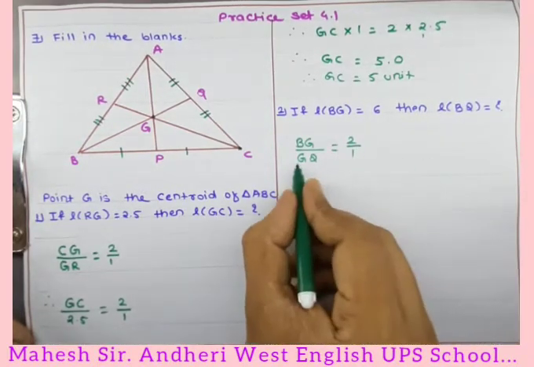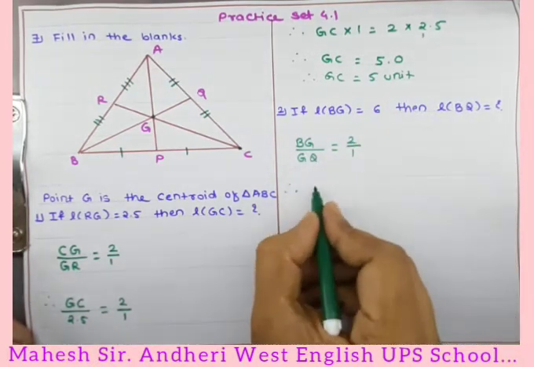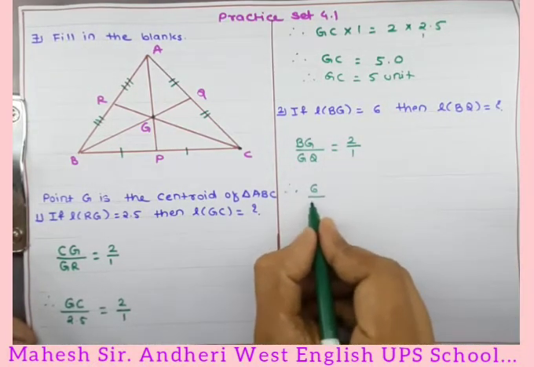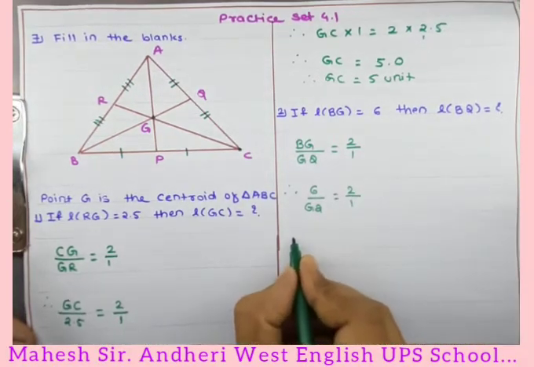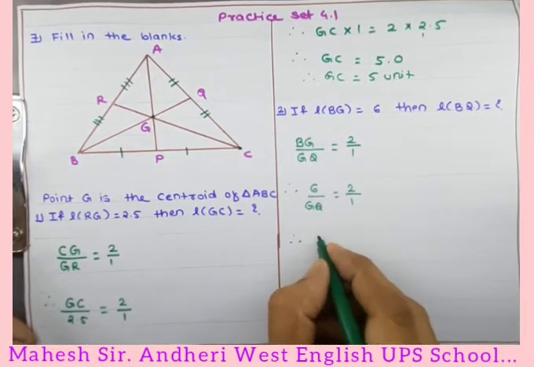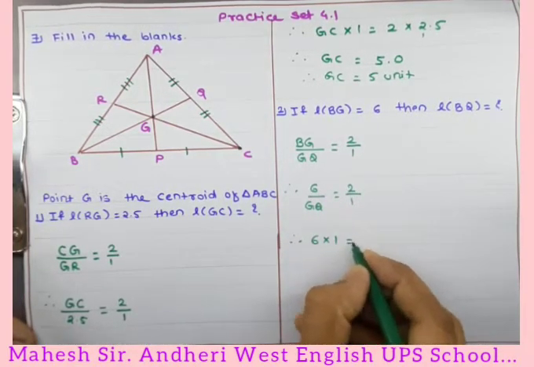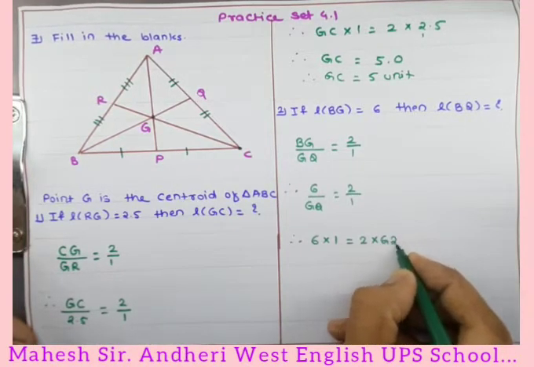First we'll calculate GQ. BG is given as 6, so I will write 6 upon GQ is equal to 2 upon 1. Then we will do the cross multiplication, that is 6 into 1 is equal to 2 into GQ.